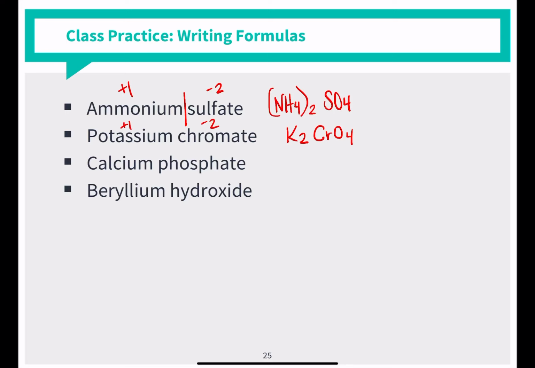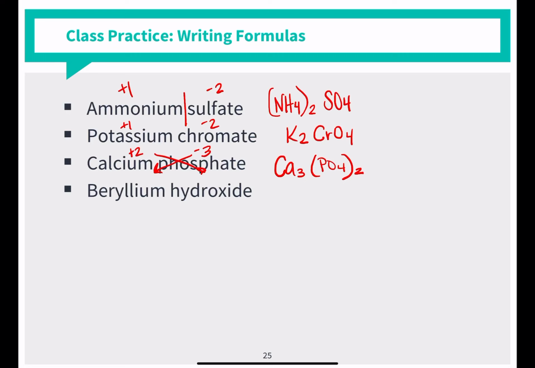On the next one, we have calcium, okay, which has a positive 2 charge. Phosphate has a negative 3 charge. So if we crisscross those charges, calcium will get a 3 on it. Phosphate will be written in parentheses with a 2 on the outside.